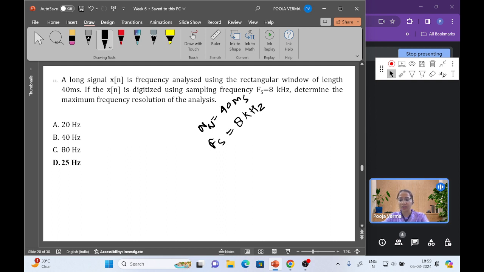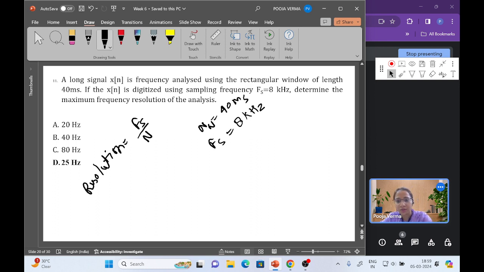So how will we get the maximum frequency resolution? You already know the formula for resolution: sampling frequency divided by the length of the window function.